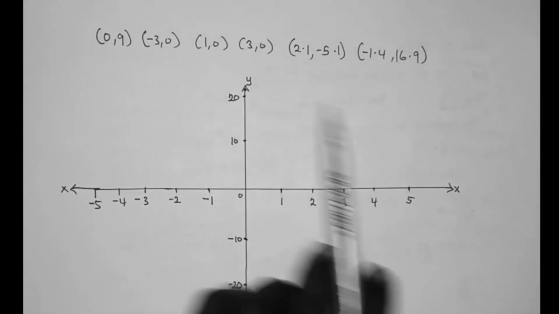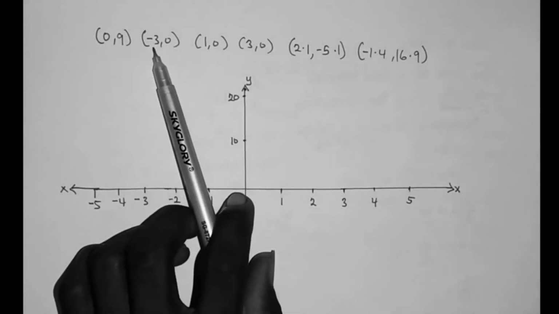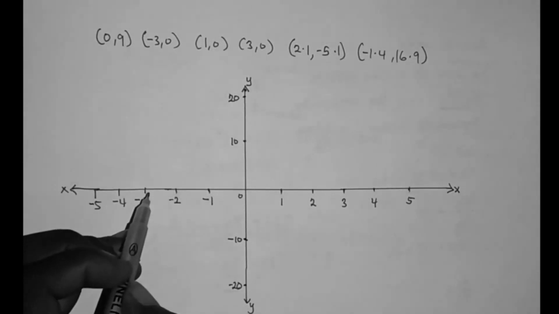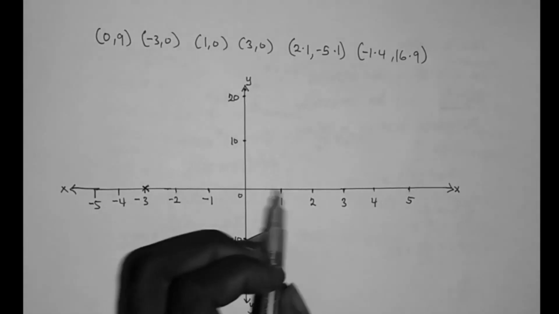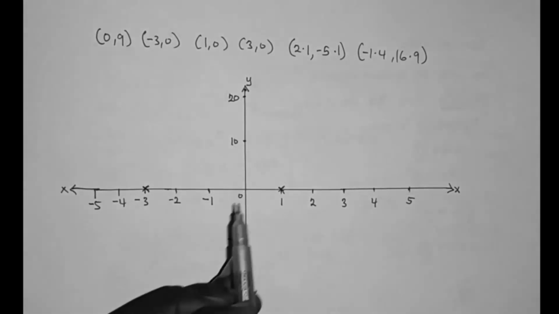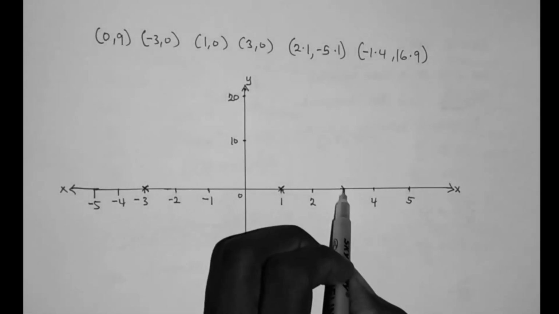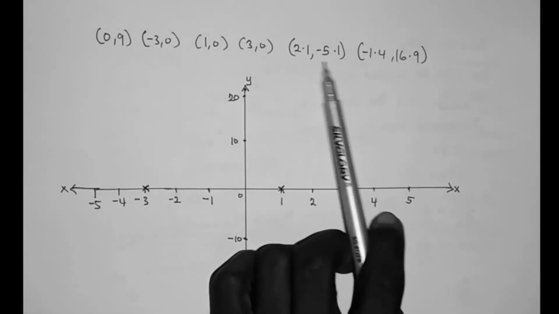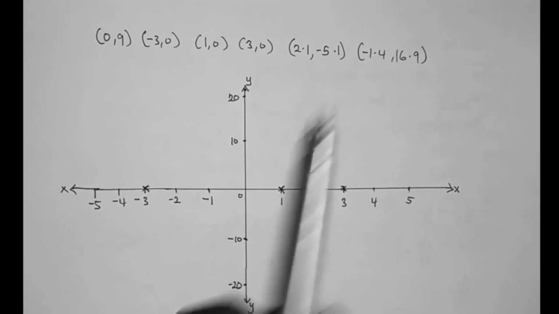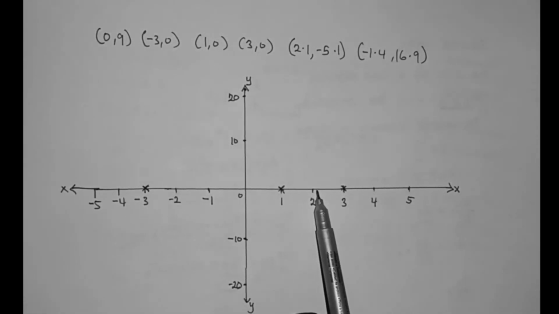Let's then go ahead and plot the points. So we have minus 3, 0. This is the point minus 3, 0. We also have the point 1, 0. This is 1, 0. And we have 3, 0. This is 3, 0. And this point is 2.1 and minus 5.1. So 2.1 is a little greater than 2.